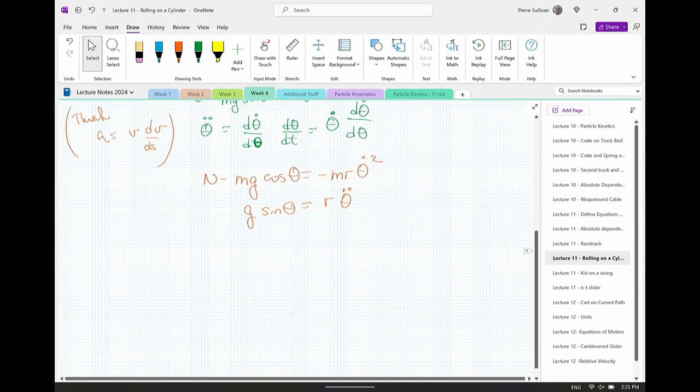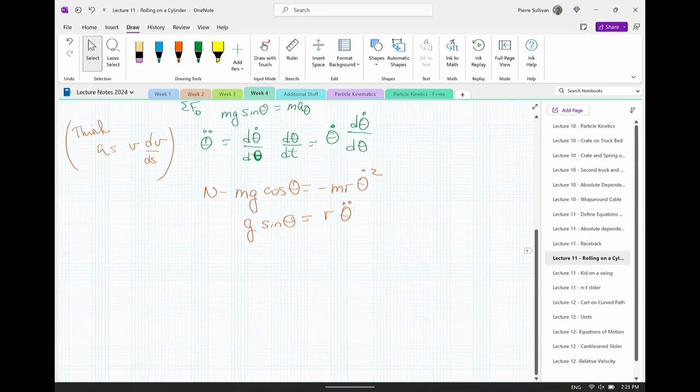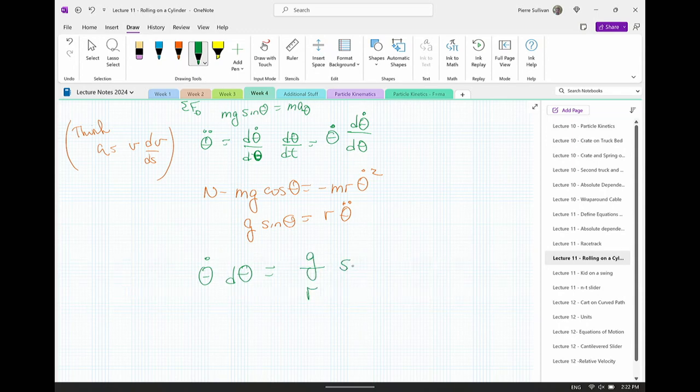And if you go from that, you can write theta dot d theta dot equals g over r sine theta d theta.